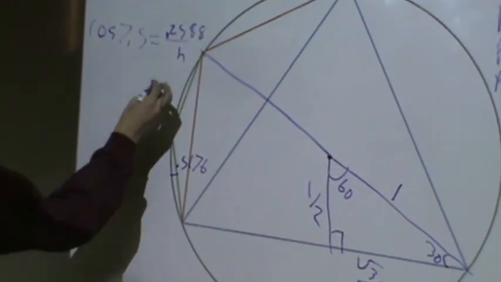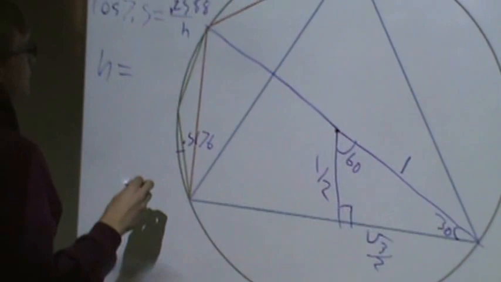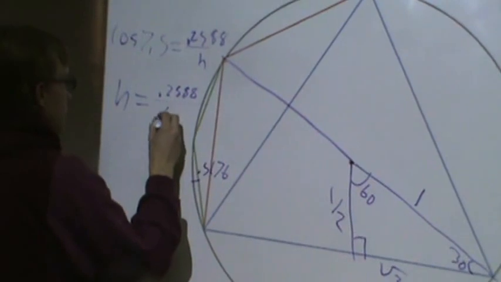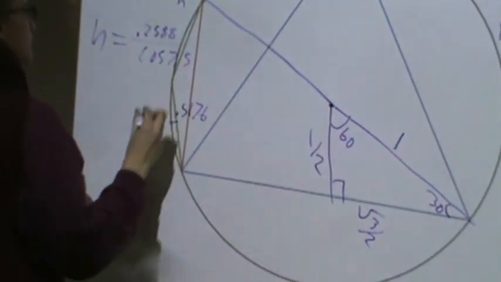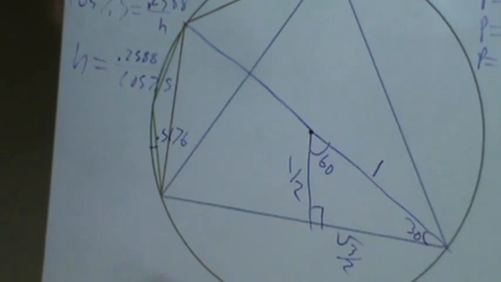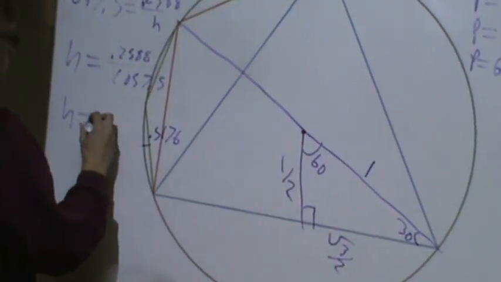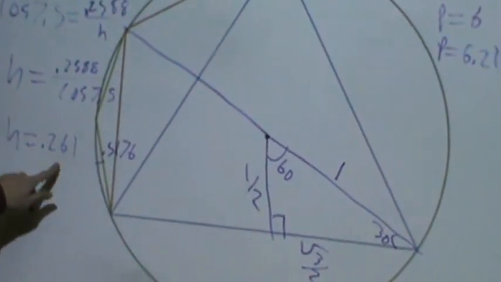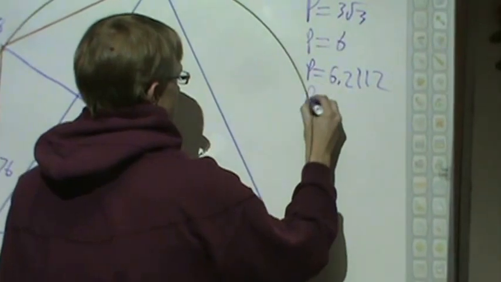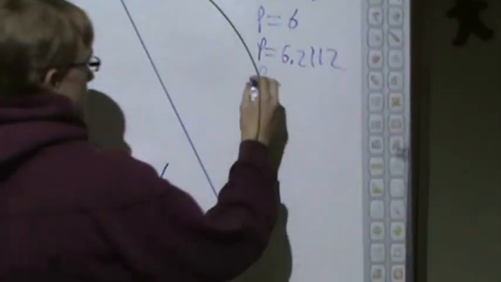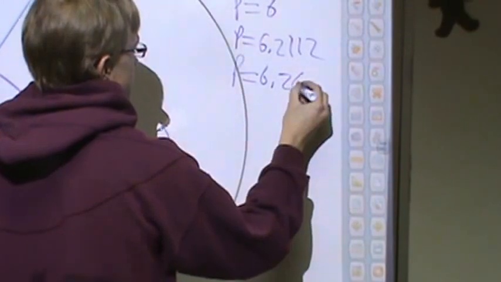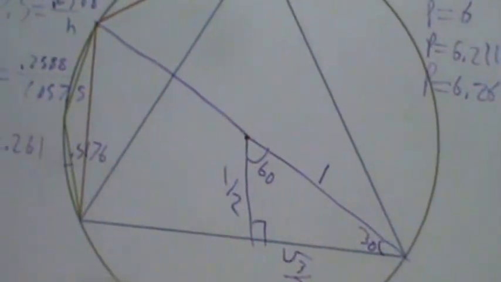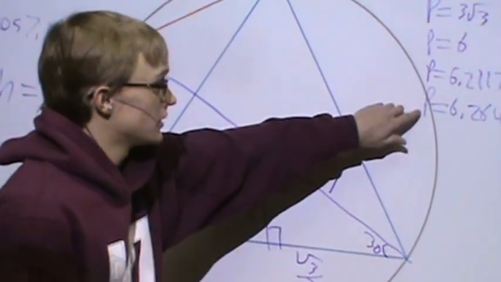Multiplying both sides by h, we'll get that h equals 0.2588 divided by cosine of 7.5, and that will be 0.261. Multiplying that by 24, we'll get that the perimeter is 6.2647. Okay, now you can see that that got closer to 2 pi.